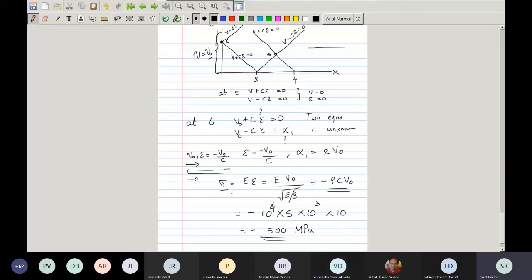That is what I will talk about next. Here I spoke about that particular point, and at this particular point the velocity is applied, and because of the velocity being applied, you are getting this particular stress. I haven't spoken to you about what is happening to the rest of the rod.